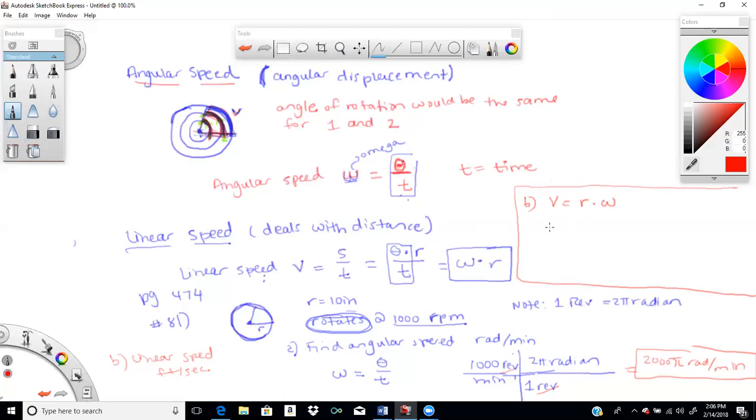So we have 10 times 2,000 pi radian per minute, and we need to have it in feet per second. So we have to do a lot of conversion here.